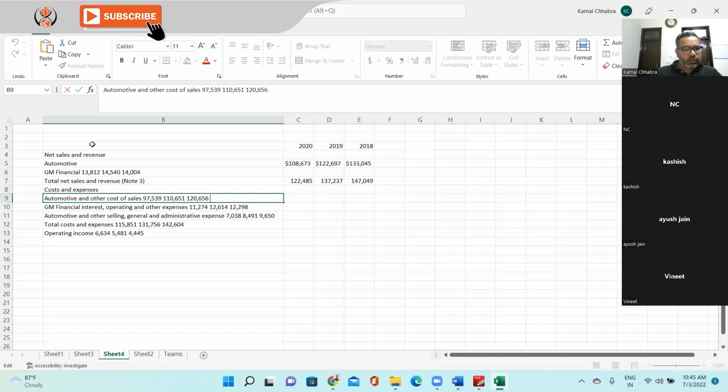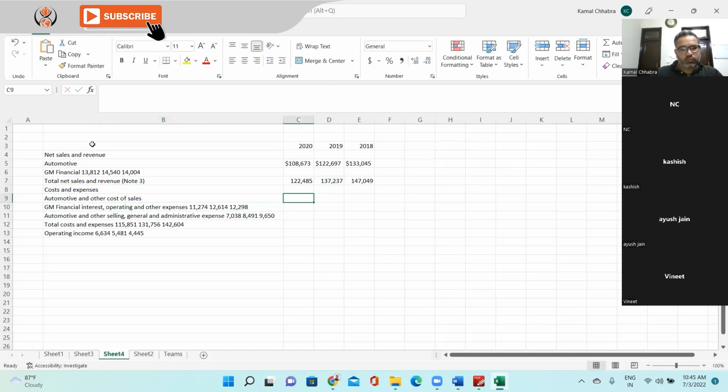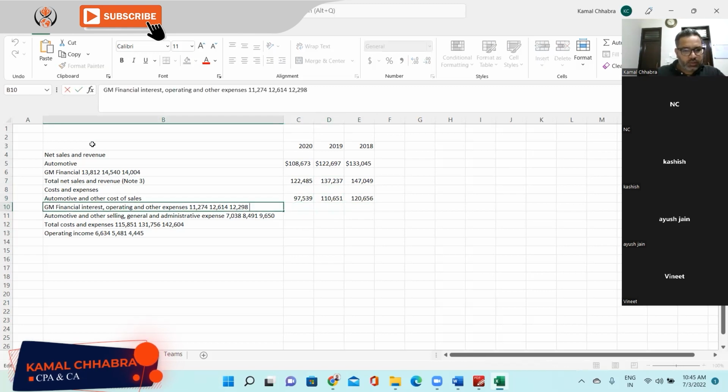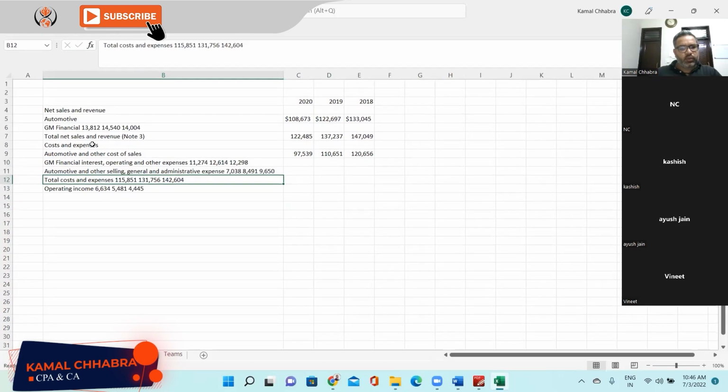Then you see cost of goods sold. This is for financial interest, or you can say this is your total one.